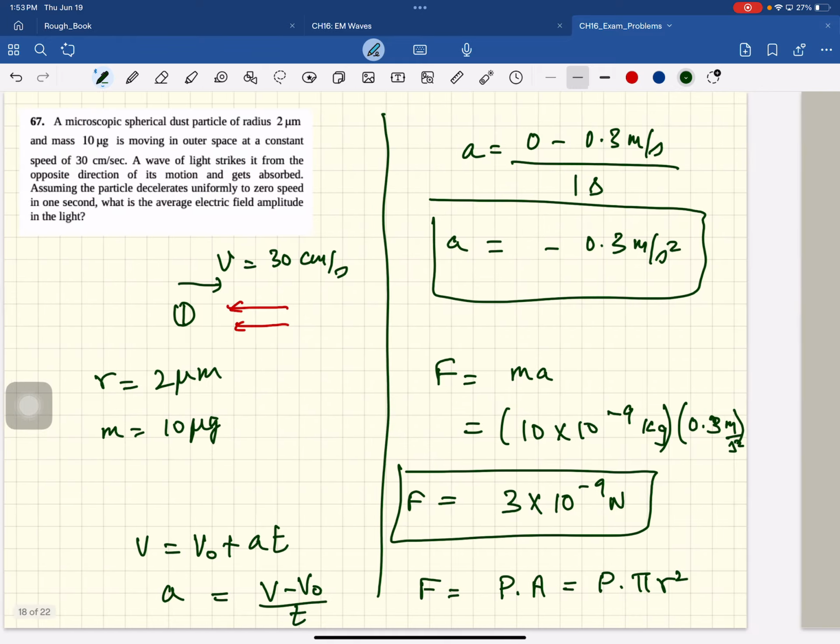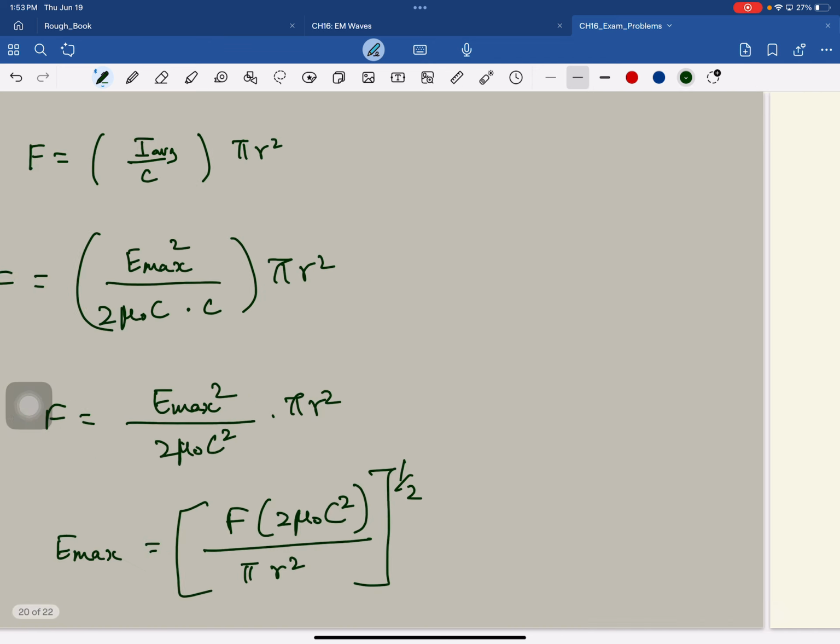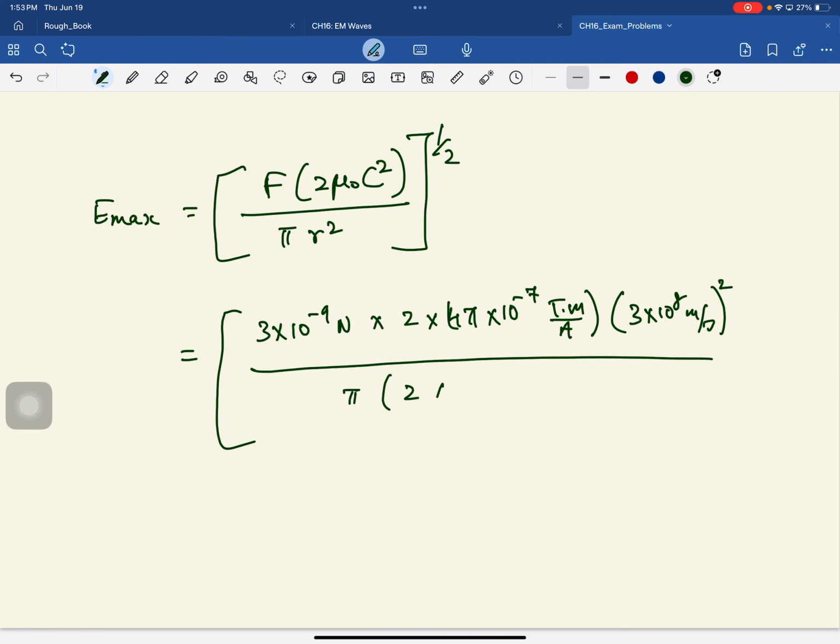And the radius of that particle is 2 micrometers.